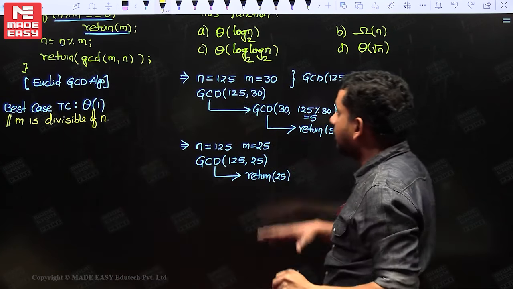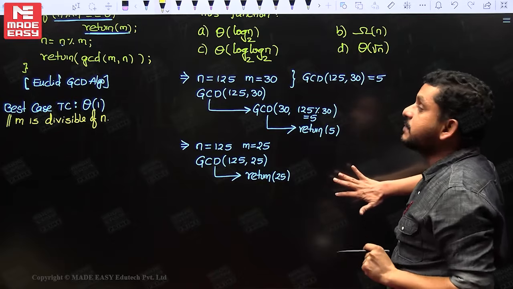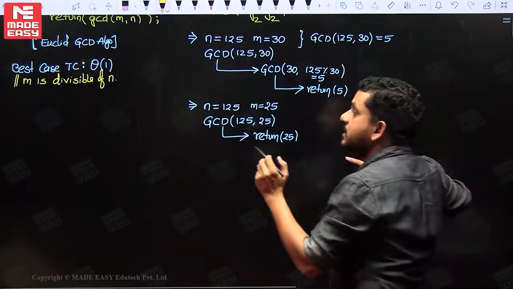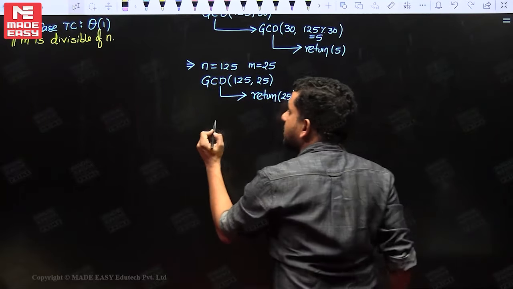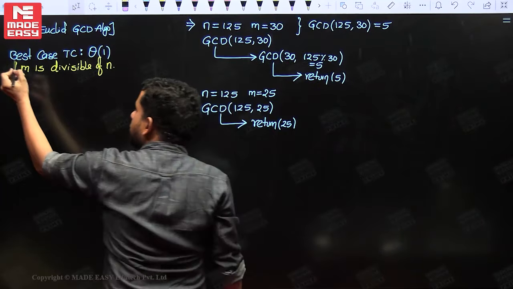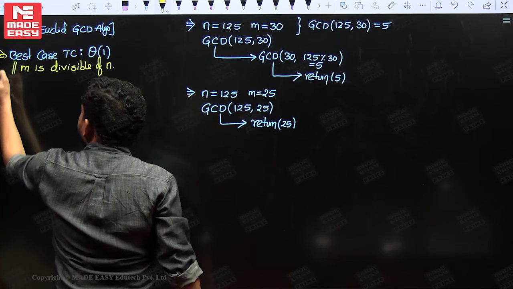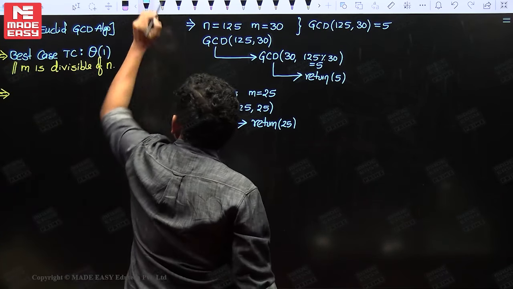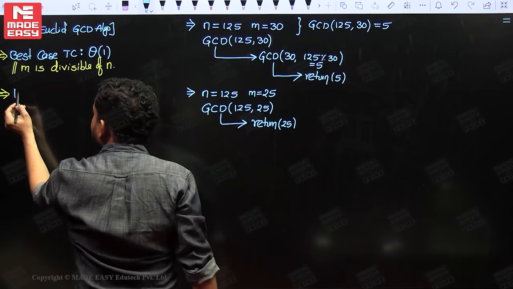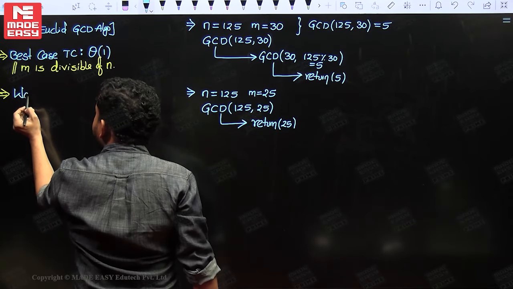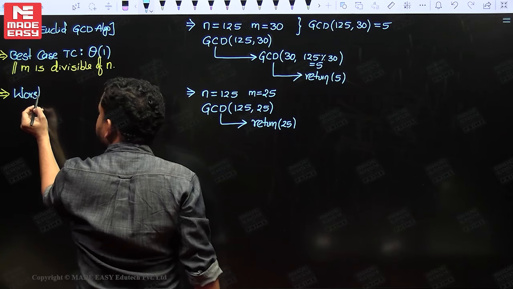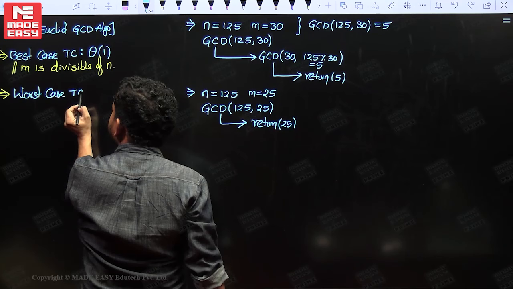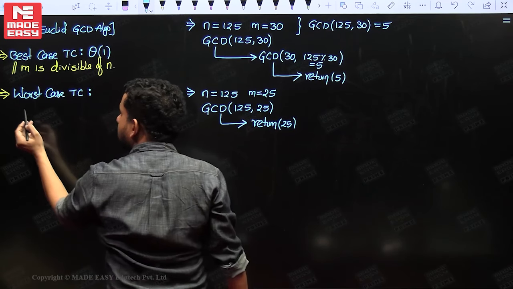Okay, so let us see the worst case time complexity of this Euclid GCD algorithm. The Euclid GCD algorithm requires more recursive calls if n and m are two consecutive Fibonacci numbers. Let us see what the worst case time complexity is.